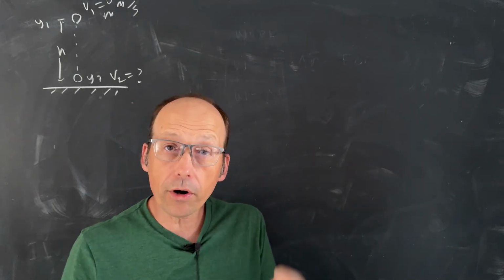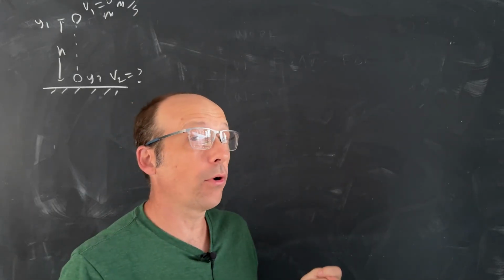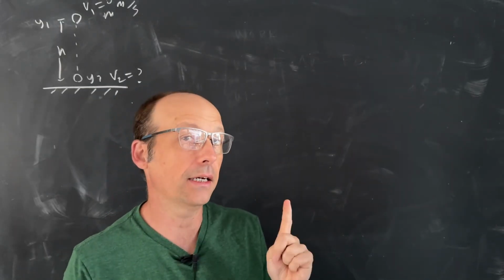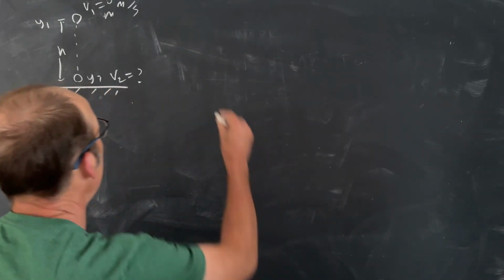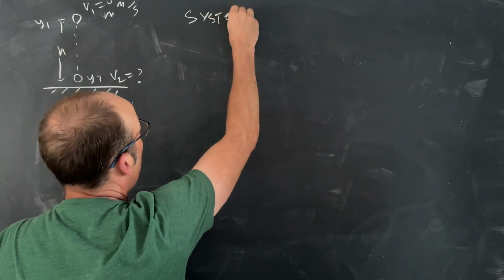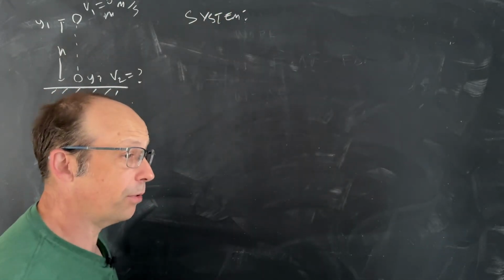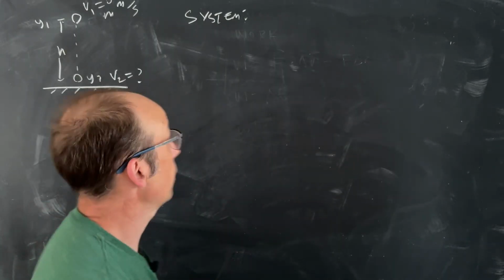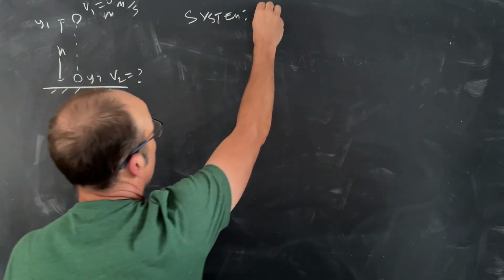So with the work energy principle, I think the most important thing, and a lot of textbooks drop this out, is the idea of choosing a system. So I want to pick a system. If I want to use the work energy principle, what am I doing it on? It depends, right? Okay, so in this case, I'm just going to pick the ball.